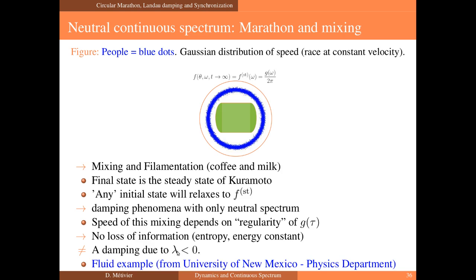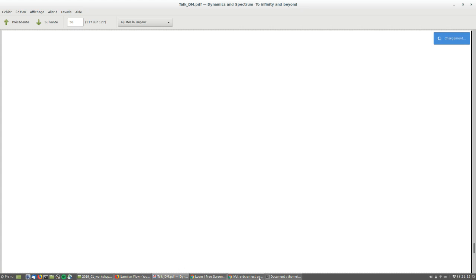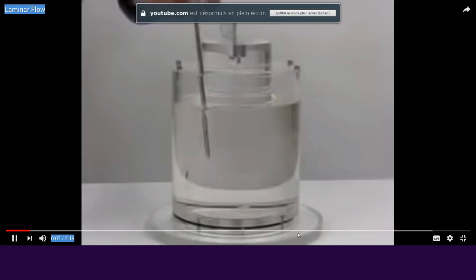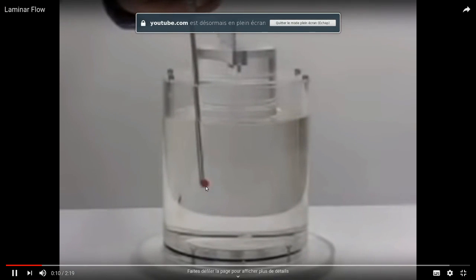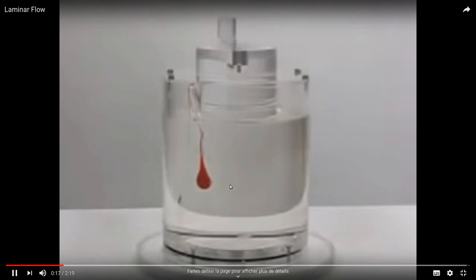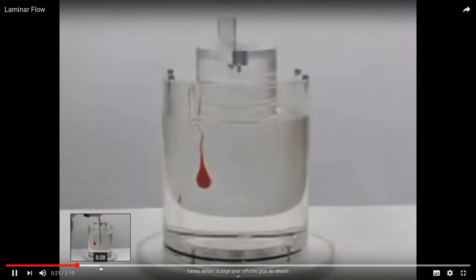And one very good example to see that is here, in a fluid example. Here I'm not saying it is exactly the same thing, but conceptually it's very, very similar. So basically here they put colorant in a fluid that is very viscous, okay?